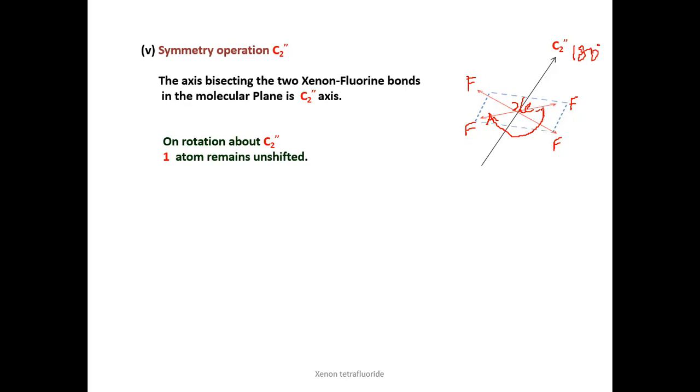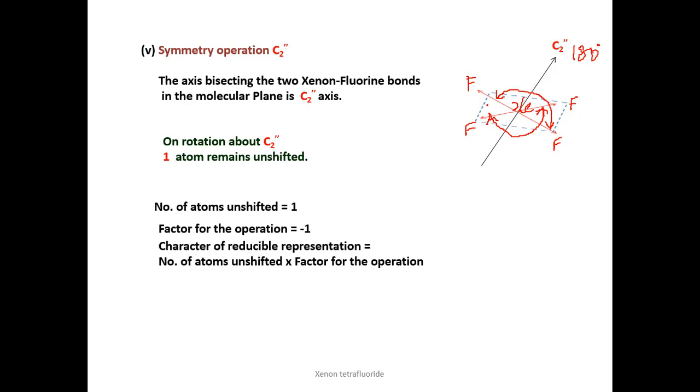This fluorine on the left will come to the right. Similarly, the fluorine which is present here will come here, the fluorine which is present here will go there. The number of unshifted atoms is 1, and the factor for the operation is minus 1. As we have seen earlier, character of the reducible representation is equal to 1 into minus 1 equal to minus 1. Coming to the next operation, operation I is the inversion about the center of symmetry.